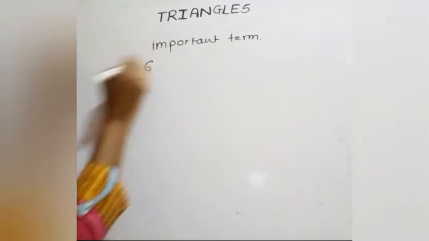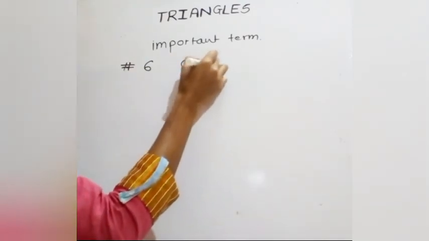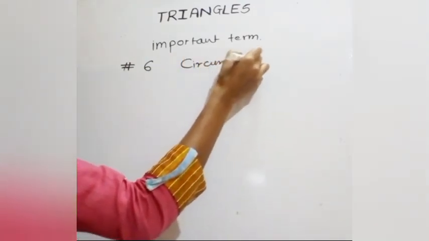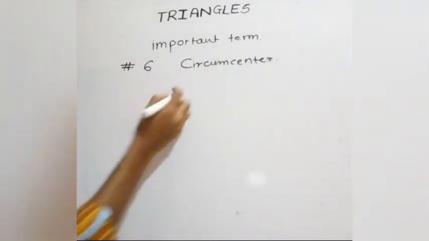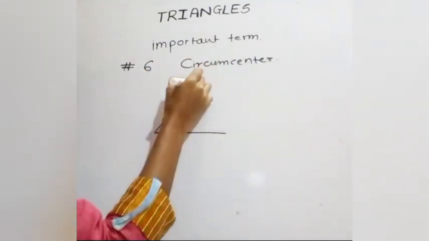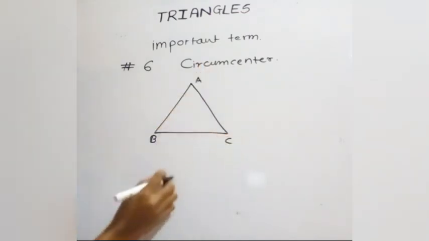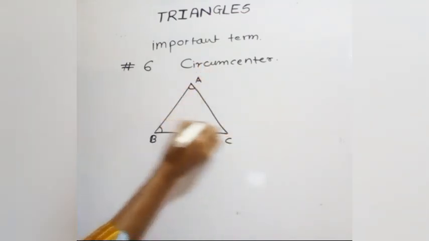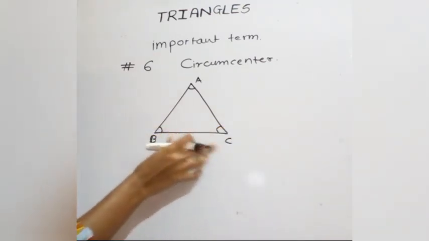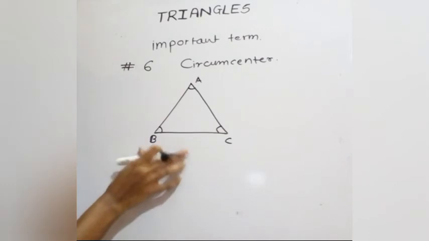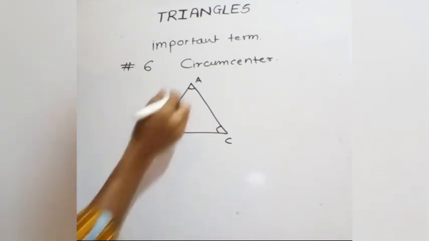The sixth important term related to triangle is circumcenter. So let's understand what is the circumcenter of a triangle. If we are having a triangle A, B and C, and we draw the perpendicular bisector of each side, not angle.